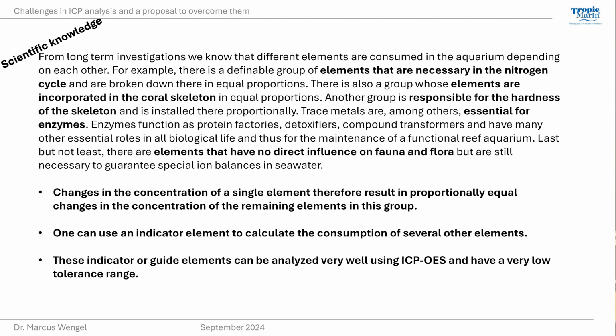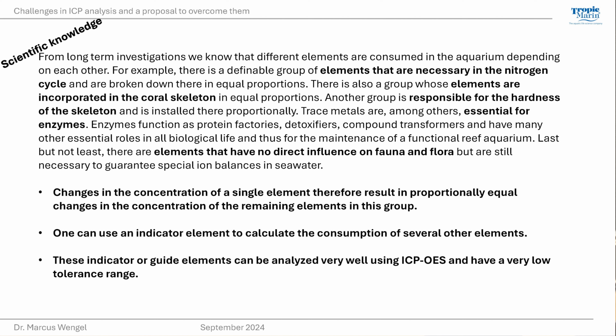From long time investigations, we know that different elements are consumed in the aquarium depending on each other. For example, there are elements that are necessary in the nitrogen cycle. This is a group of elements, and all these elements are necessary in the nitrogen cycle. There's another group, for example, with elements which incorporate into the coral skeleton, and another group which is essential for the enzymes.